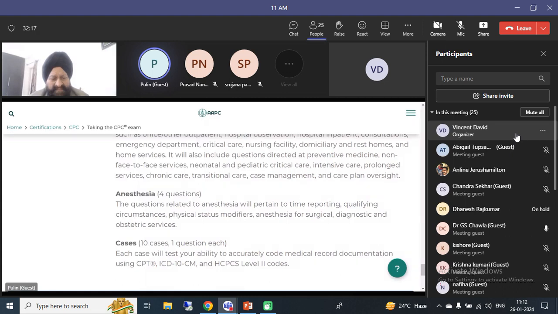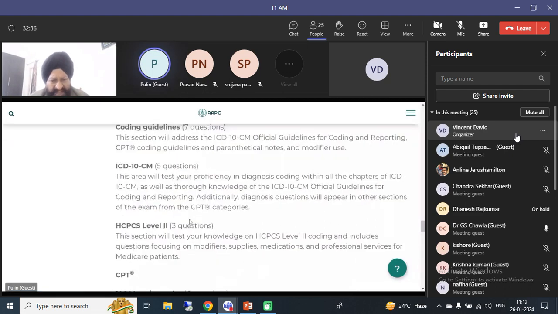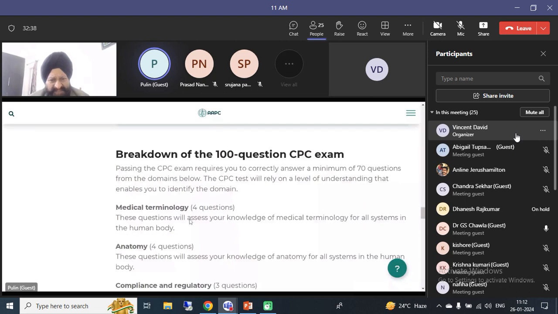Okay, 10 cases means it is a lengthy question. Particularly most of them will be in the format of an operative report. So these are the 10 questions. So in total it will make 100 questions in 4 hours. So this is about the structure of the CPC pattern by AAPC.